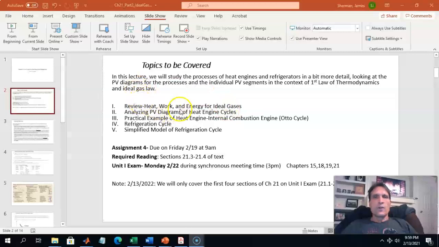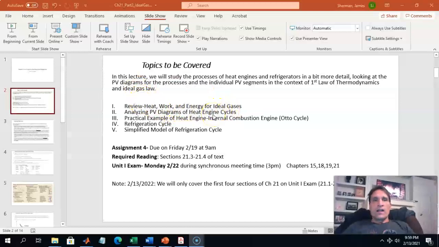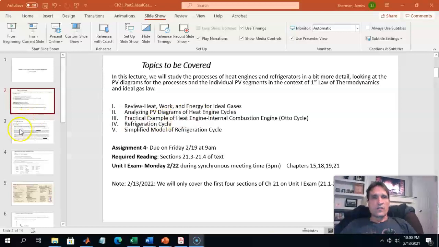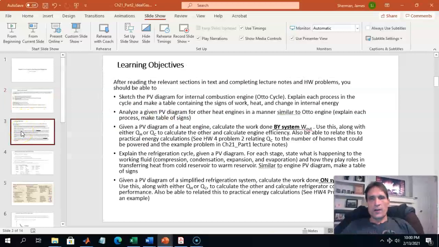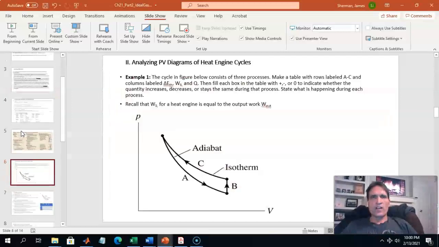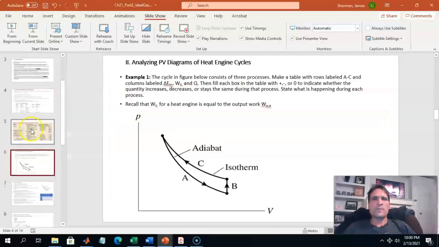Okay, well, we reviewed heat, work, and energy. We analyzed PV diagrams of heat engine cycles just to illustrate the methodology, and we did this example here of a heat engine.